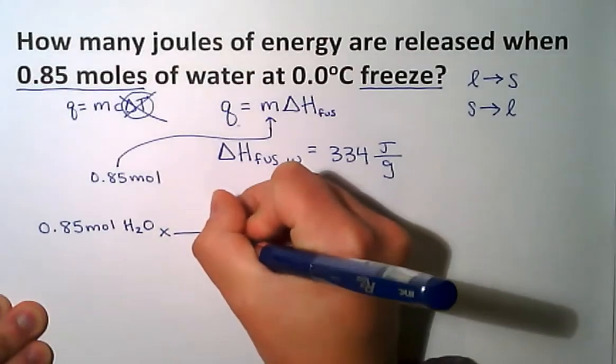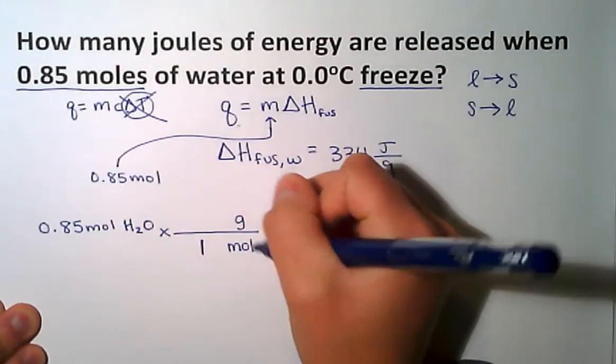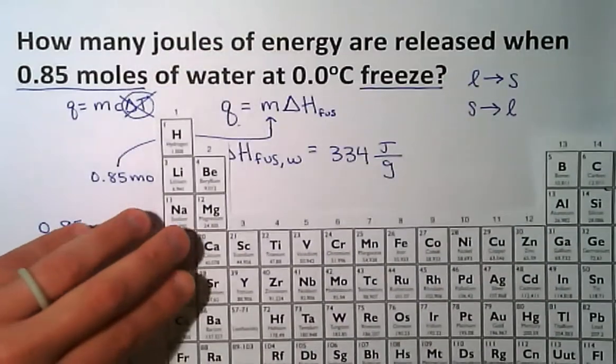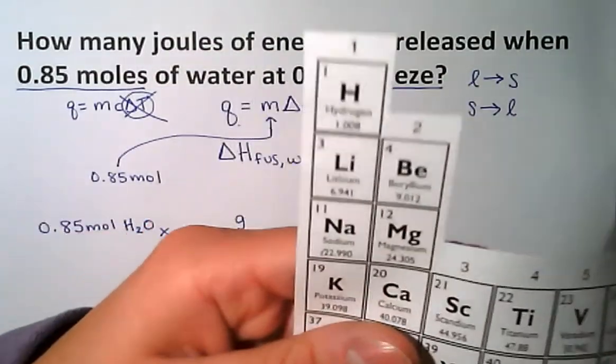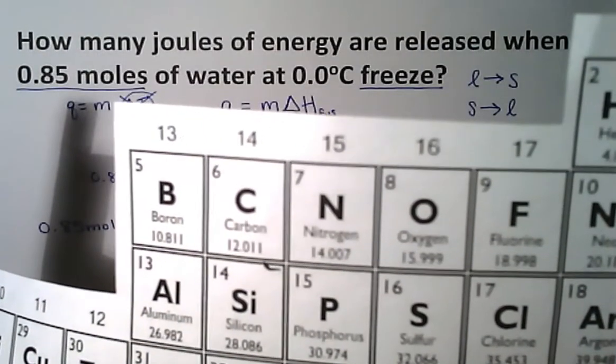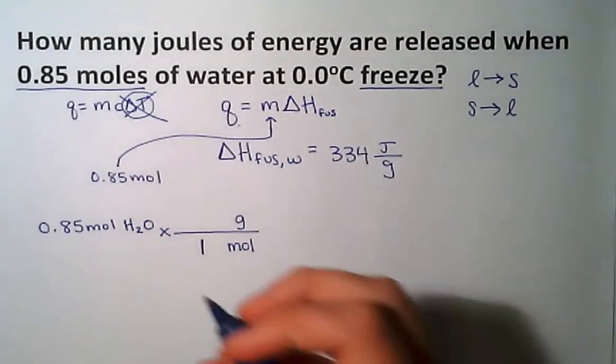And we know that 1 mole of water is equal to some number of grams, and we can use a periodic table to add up the molar mass of water, or you might already know it to be 18 grams per mole, but let's go ahead and check that out just real quick. Hydrogen being about 1 gram per mole, and then oxygen being about 16 grams per mole.